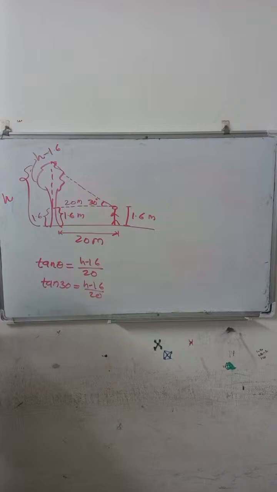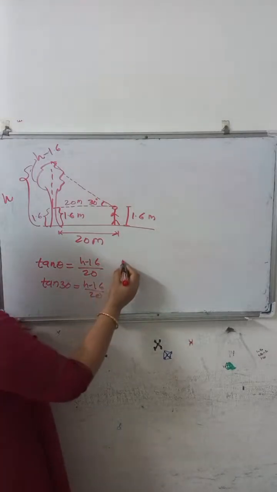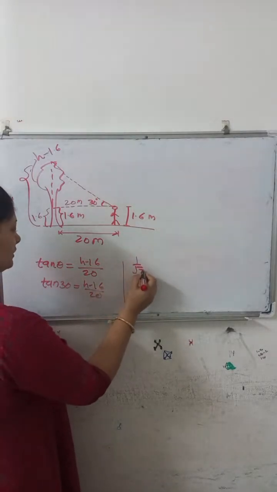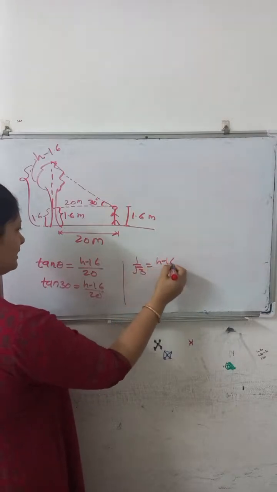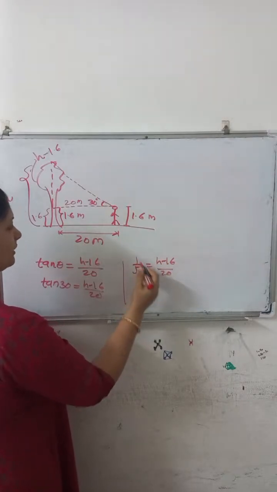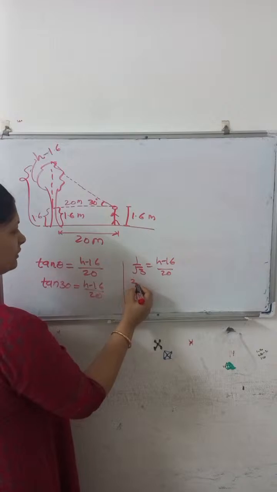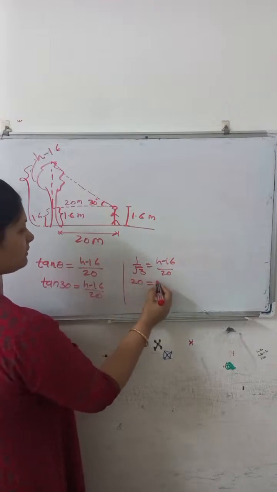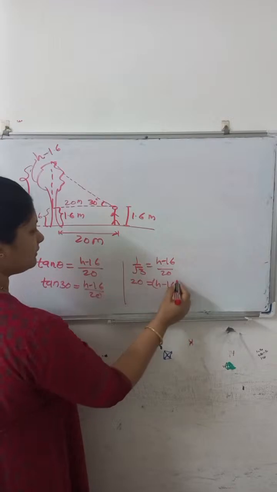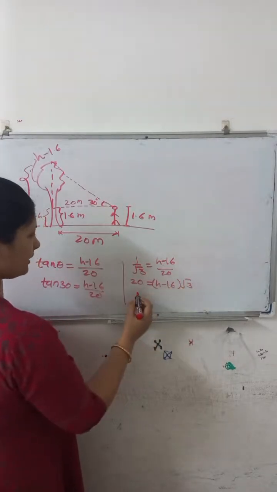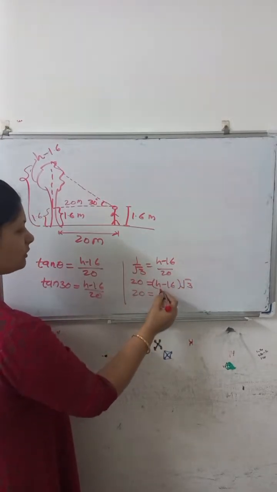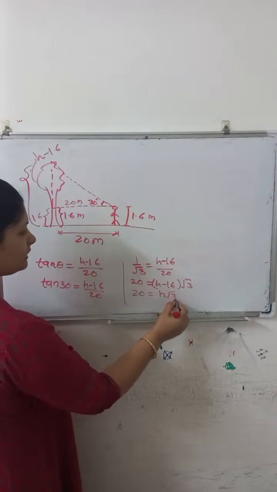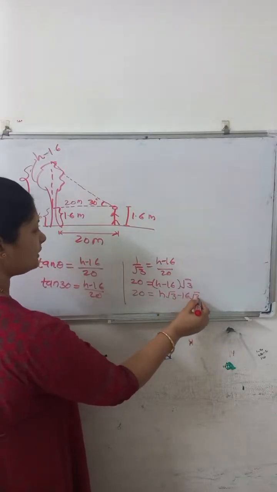Tan 30 is 1 by root 3. So 1 by root 3 is equal to (h minus 1.6) divided by 20. Take cross multiplication: 20 is equal to (h minus 1.6) into root 3. So 20 is equal to root 3 h minus 1.6 root 3.